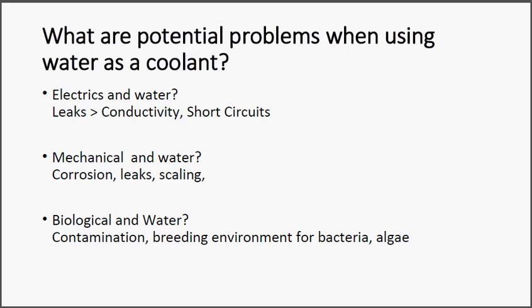The problem is that electrics and water don't mix very well. If you get a leak somewhere, water is potentially conductive, and you may get short circuits across your electrical circuit. So water is rarely used anywhere with electrics, but there are some exceptions, and we're going to look at one of them in a minute when we look at water-cooled computers.